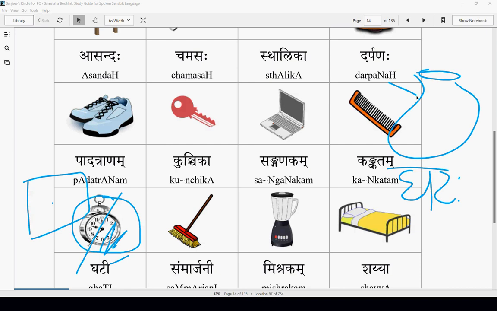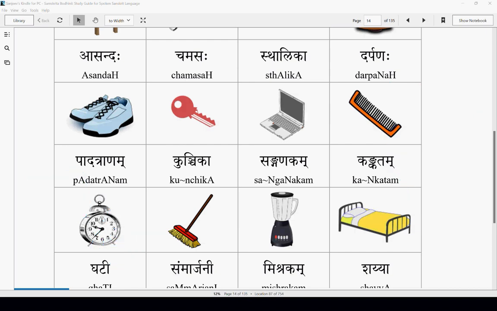It doesn't have to be small in shape, but it's like softer. So ghataha is the actual pot which used to carry water, but ghati is the one which used to measure the time, the same pot. So that word has stuck now. So ghati.